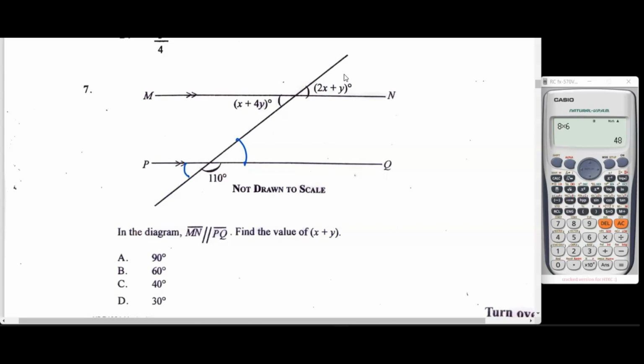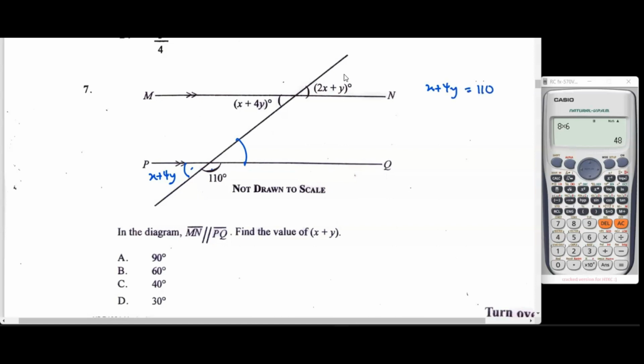And therefore, when you put x plus 4y here, added to 110 degrees, it will give you a straight line angle. That is going to give us equation number 1, because you have two variables on board.